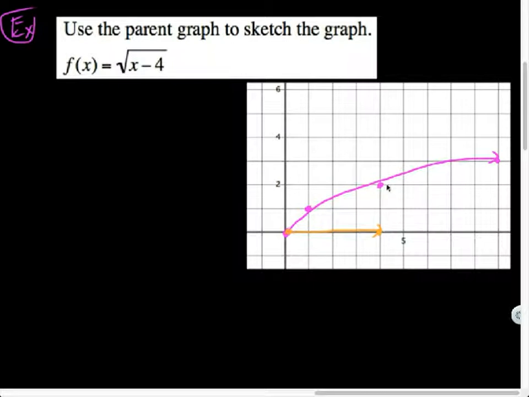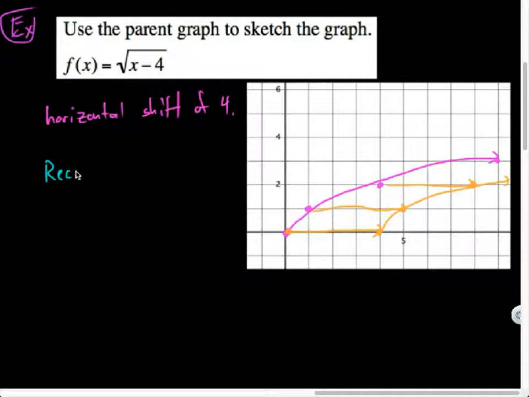So I agree that that's not necessarily very intuitive. This is a horizontal shift of 4 units.